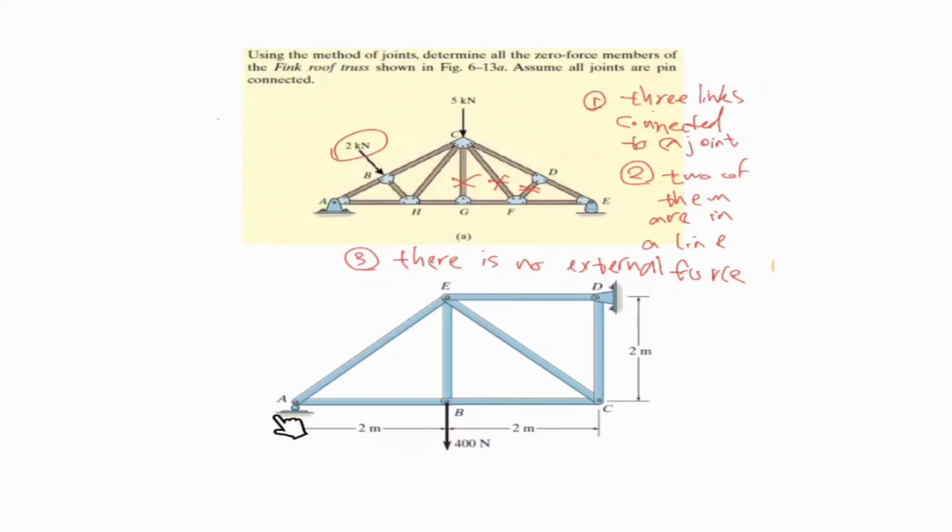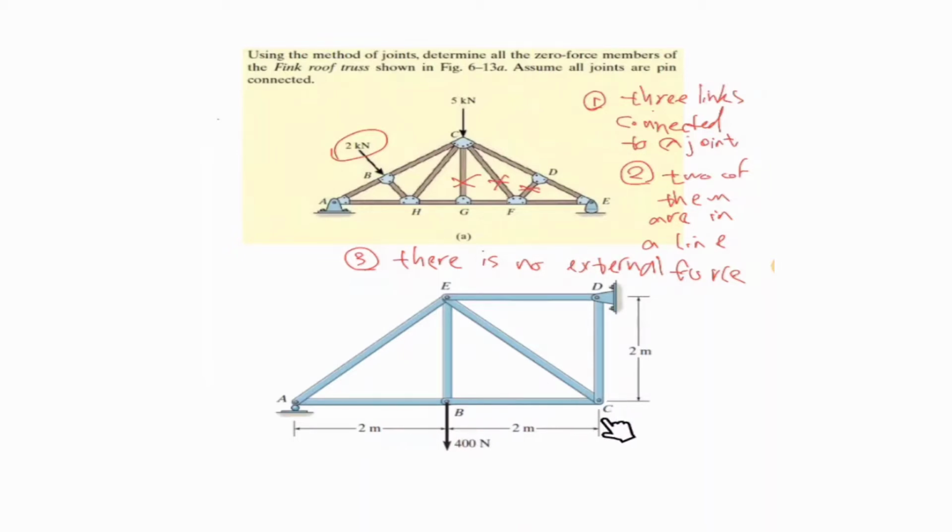Then I start from point or joint A, B, C, D, E. Okay, A is not dealing with 3 links. B is not giving us any zero force member because we have external forces.